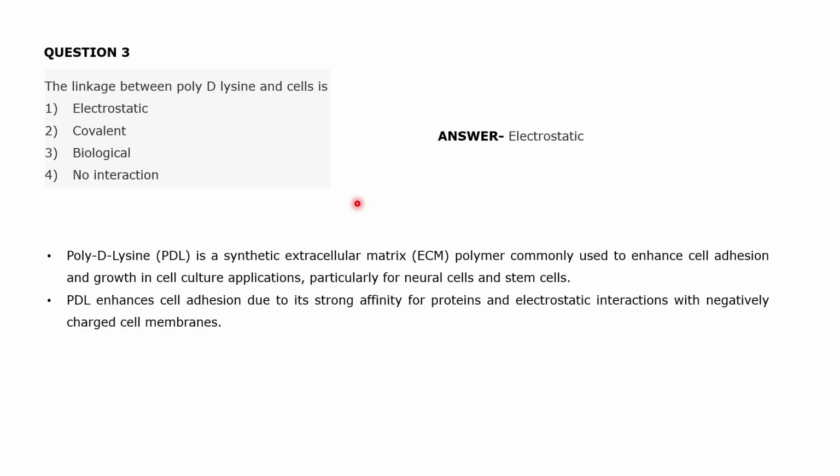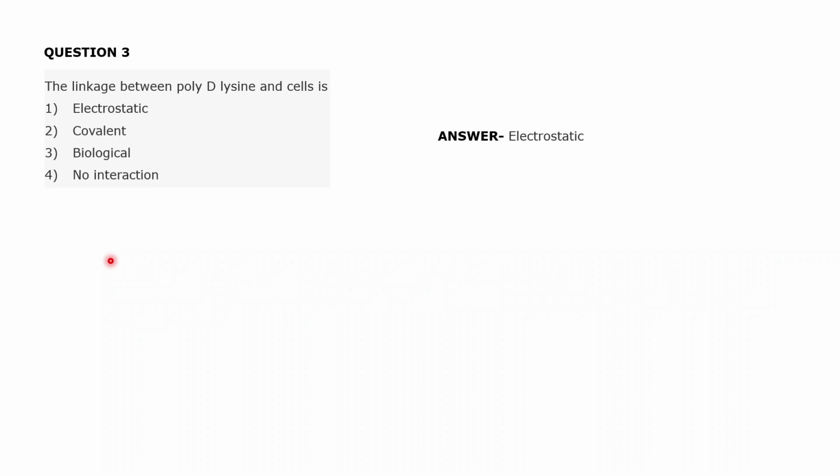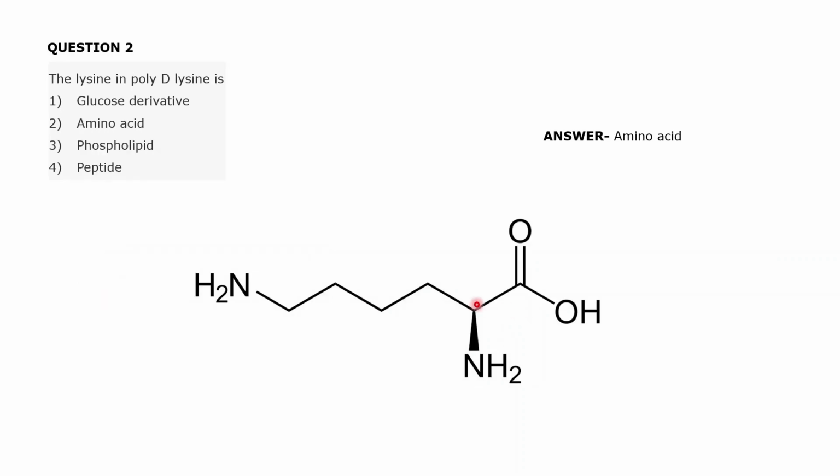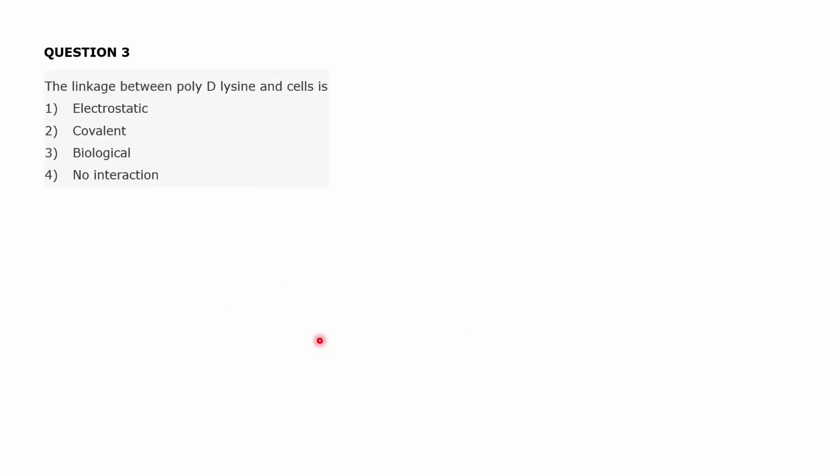Basically, if you look at the poly-D lysine structure, I have earlier pointed out that this is the structure. The amino group present within the poly-D lysine tends to be protonated. Once it gets protonated, it acquires a positive charge, right?